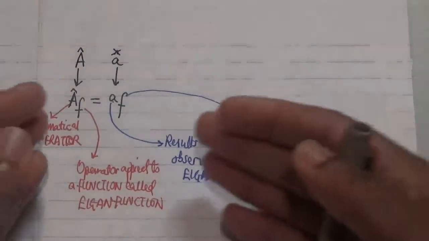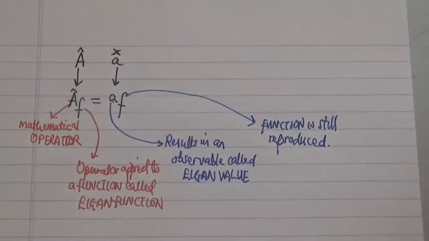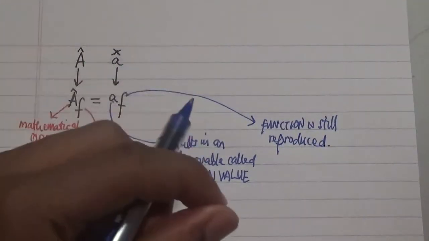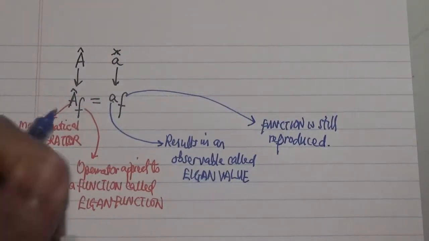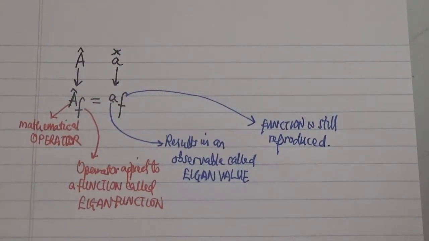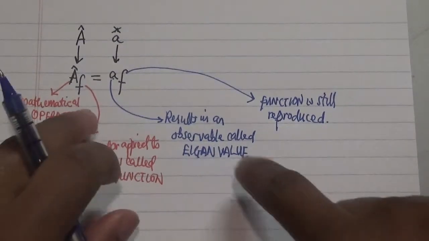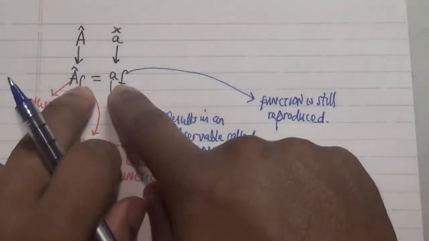Since we're able to label all these variables, some combinations of operators and functions will regenerate the same function. That is how we go from here to this same function over there.